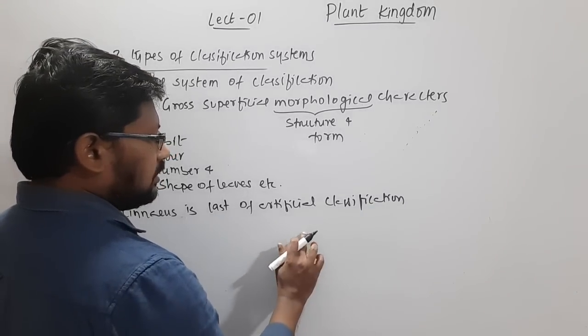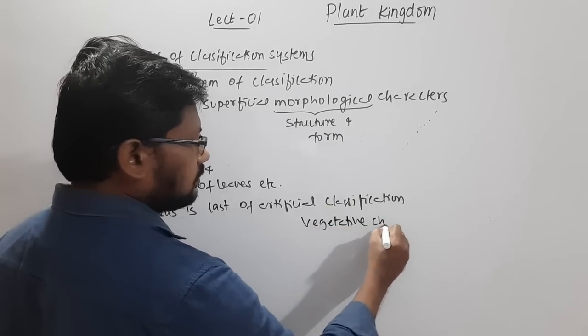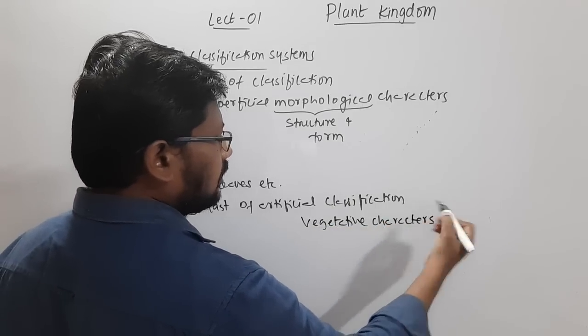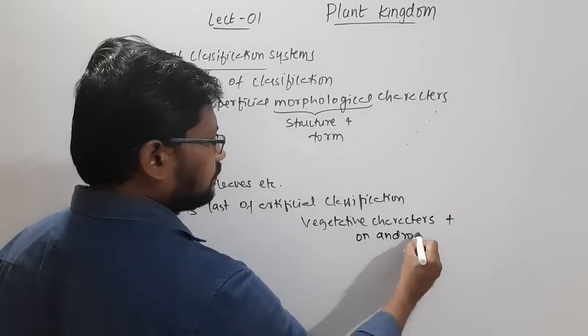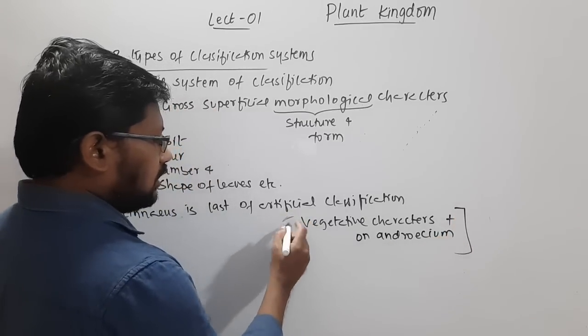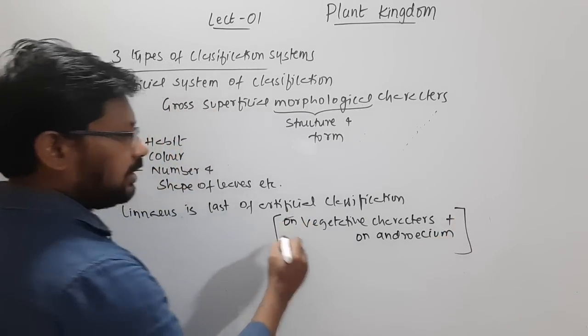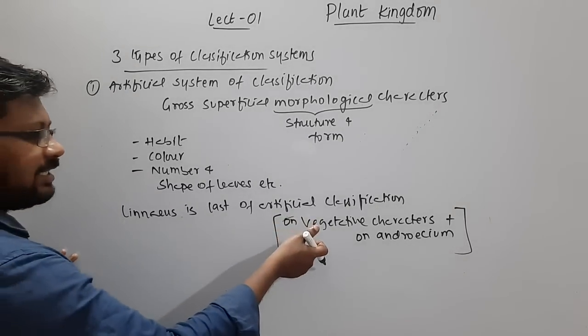So he not only considered the vegetative characters, but also androecium. He classified the plants based on vegetative characters and androecium.